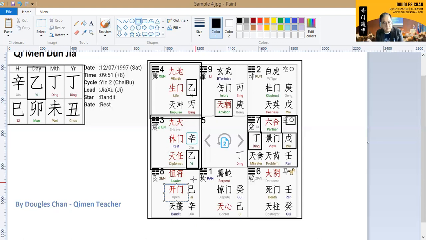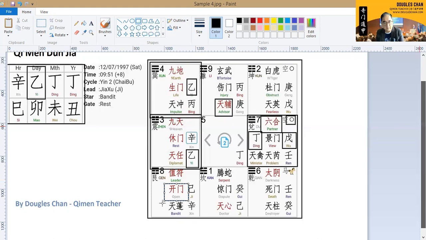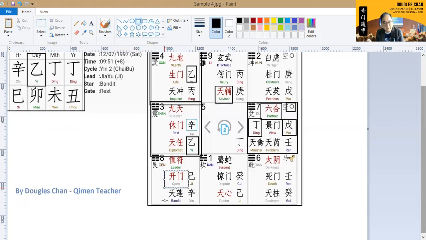That means in the career there's a leader that's always helping him. But take note that there's a Bandit together with him, meaning that he will lose money. He will be facing a lot of aggressive situations in the job itself. So we look at the relationship between the job and himself, which is wood, and his career itself.